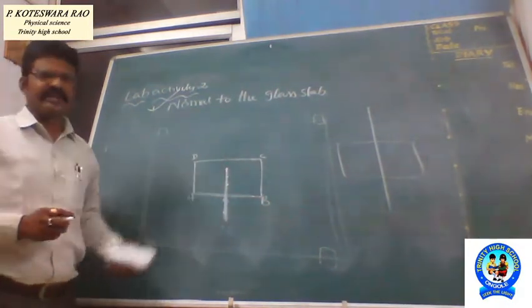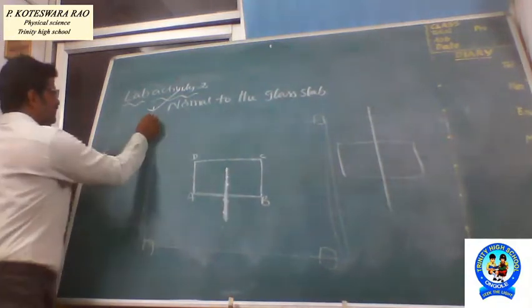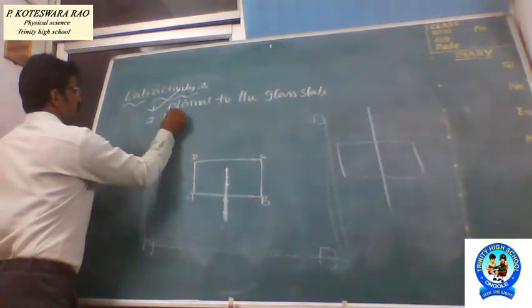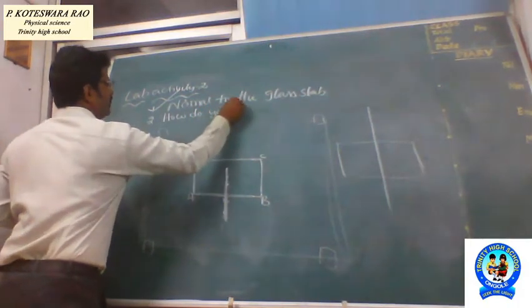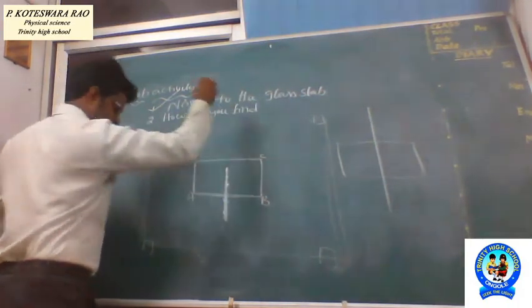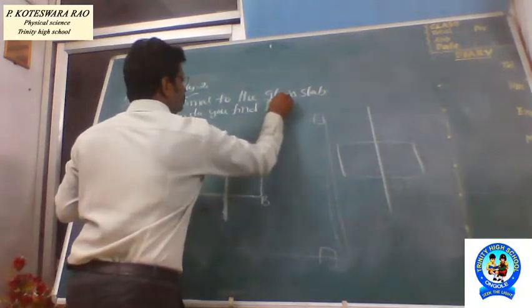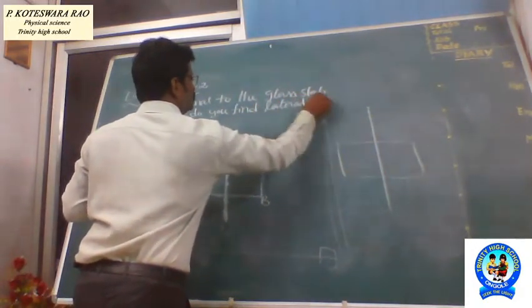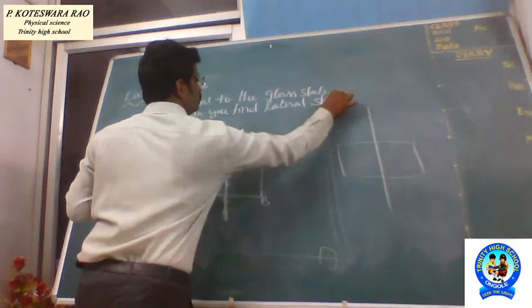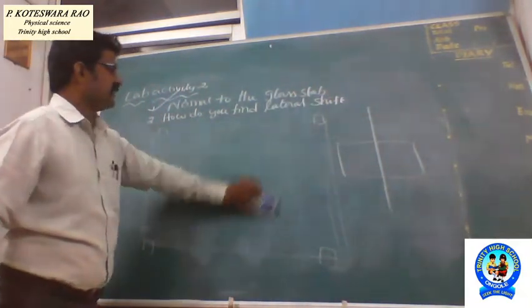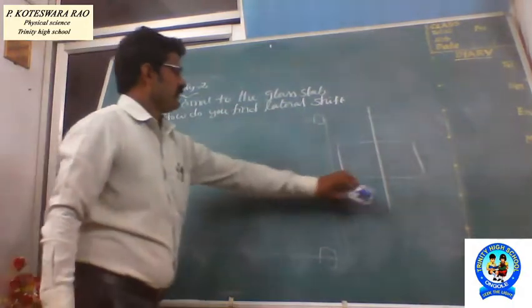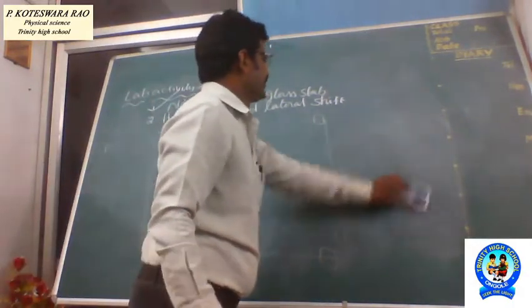And what about the next one? How do you find lateral shift with the help of the glass slab?